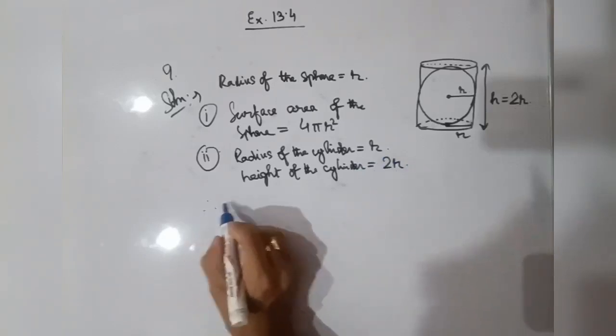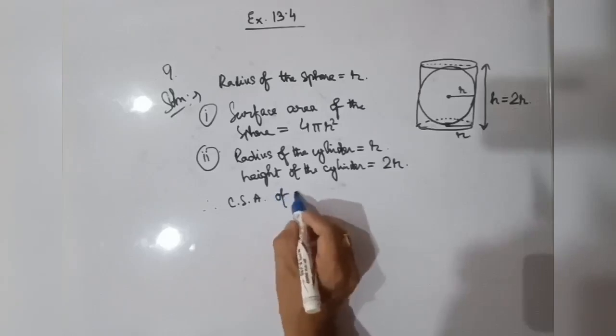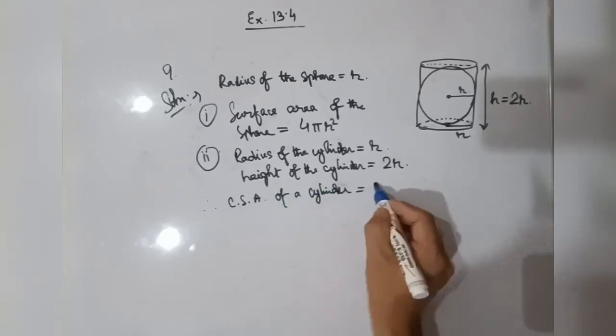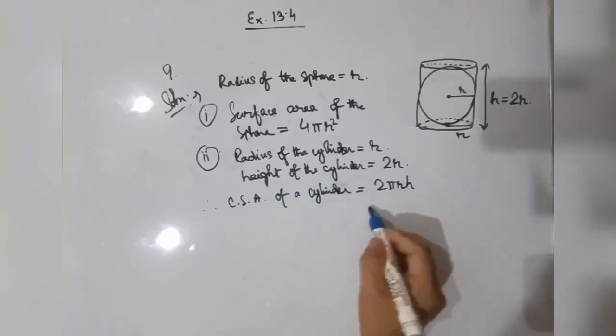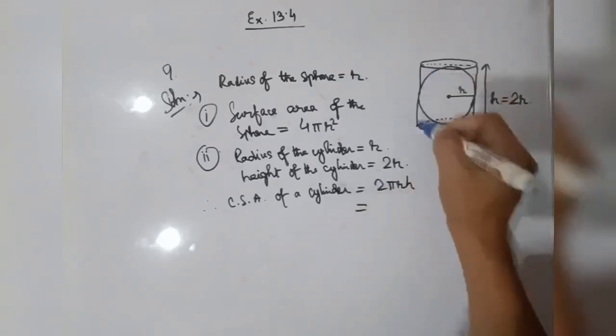And we know that the curved surface area of a cylinder is given by the formula twice pi r h. So substituting this value, we will get the curved surface area of that given cylinder.